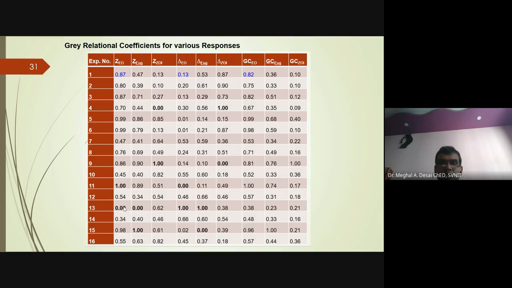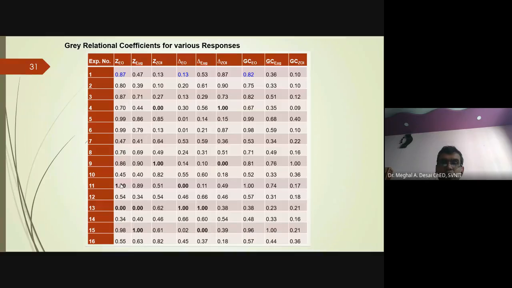So what does that mean? The transformation from actual to normalized value is following the true path, because what is minimum remained minimum, and what is maximum remained maximum.